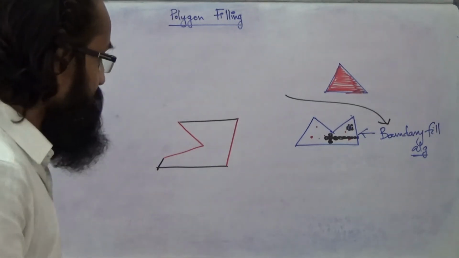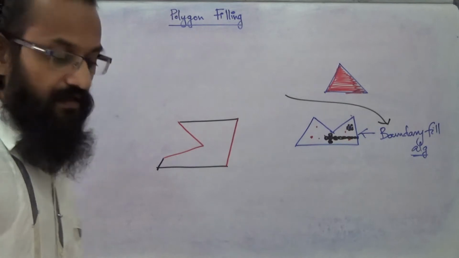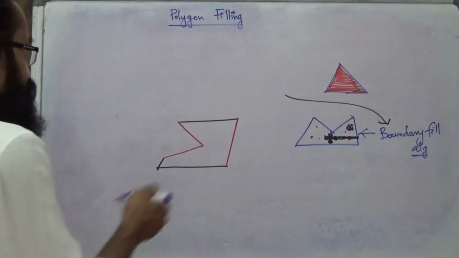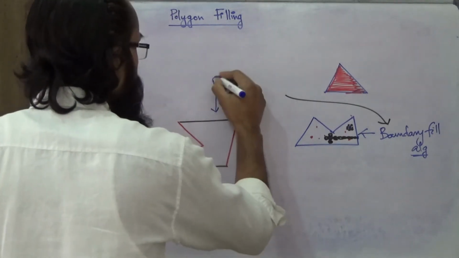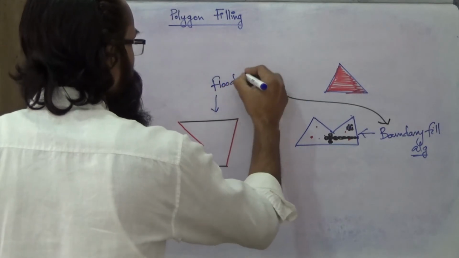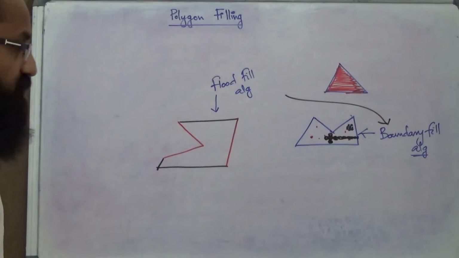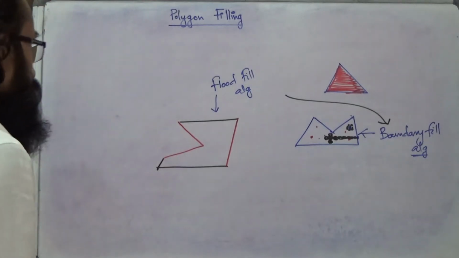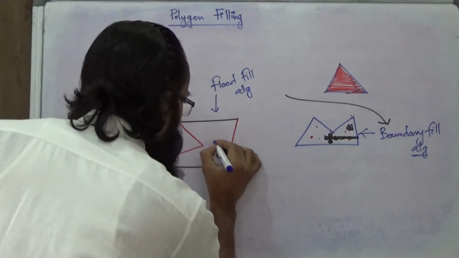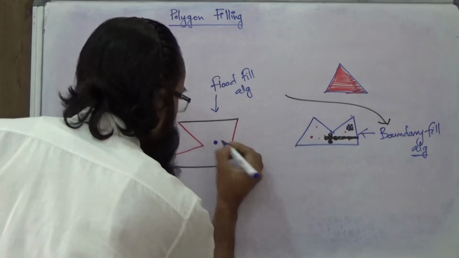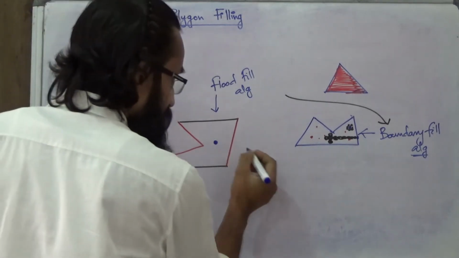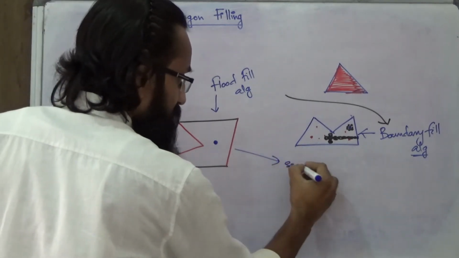Since interior pixels are of same color, you can use flood fill algorithm here. So assume that you want to fill this polygon with blue color. So in this case also you have to choose an interior pixel. That pixel is termed as seed pixel.